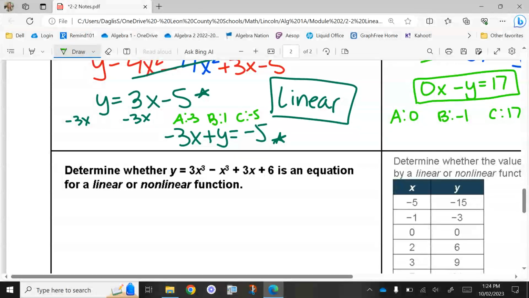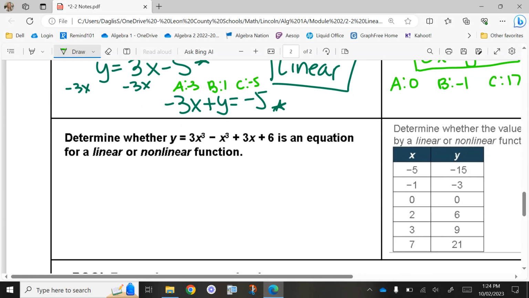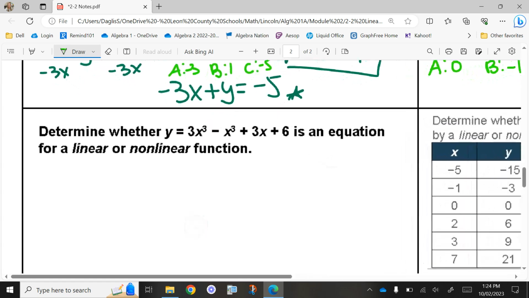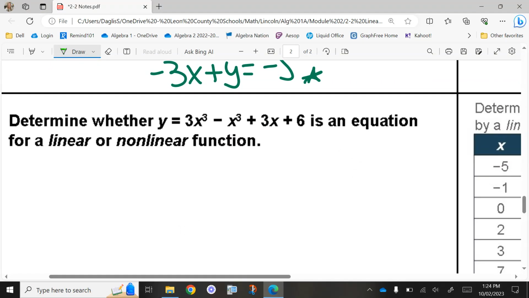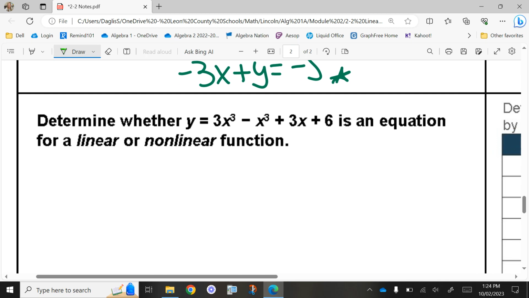Third one. I have y equals 3x to the power of 3 minus x to the power of 3 plus 3x plus 6. I don't have to multiply or anything, but I do see like terms. I see 2 pieces with an x cubed. Can we subtract those?